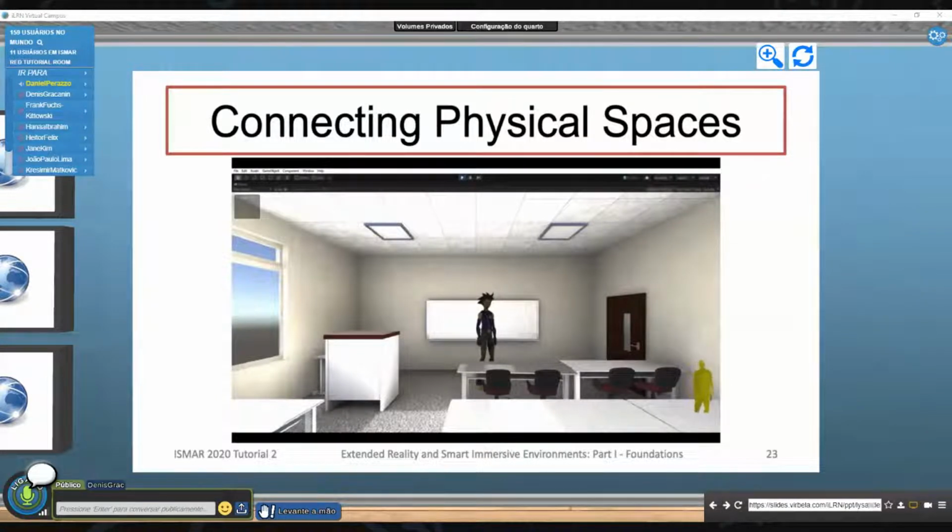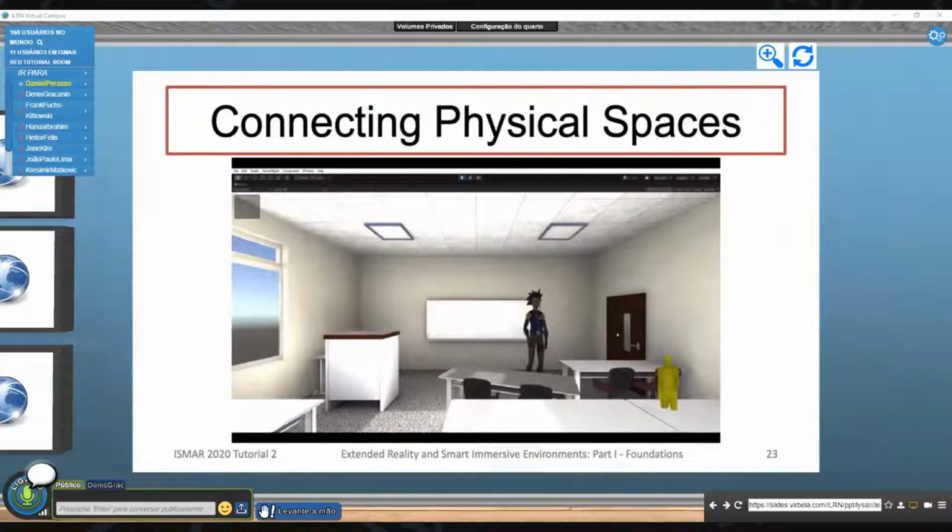So now as the user moves in physical space, they move in virtual space, and as they move in virtual space, they interact with virtual objects and move them. We have visual cues to demonstrate when that interaction takes place.